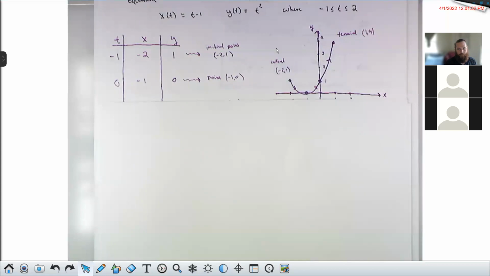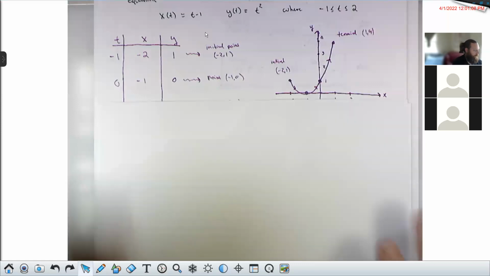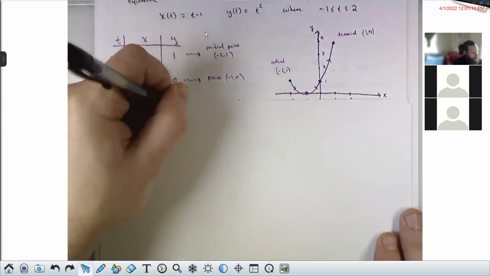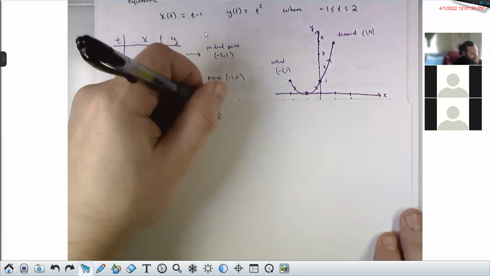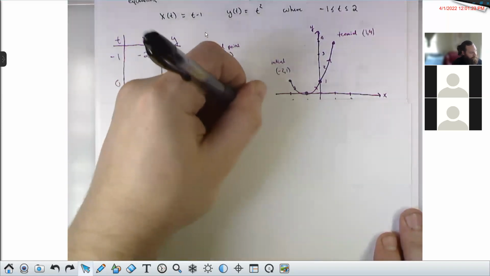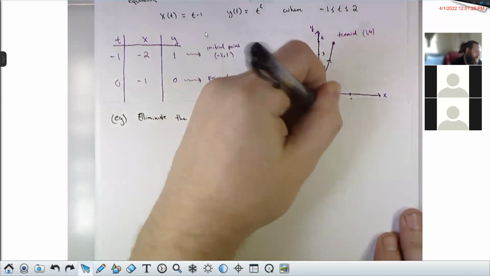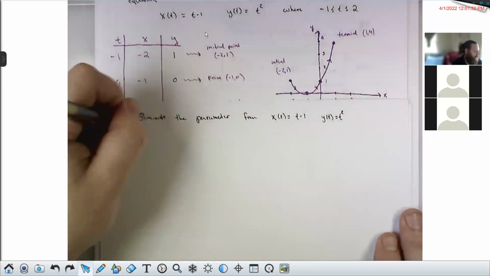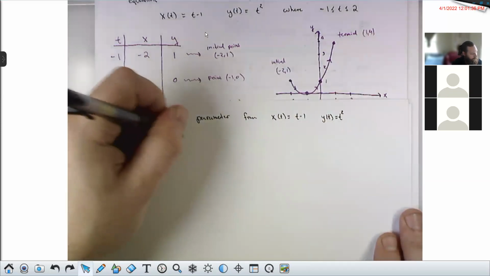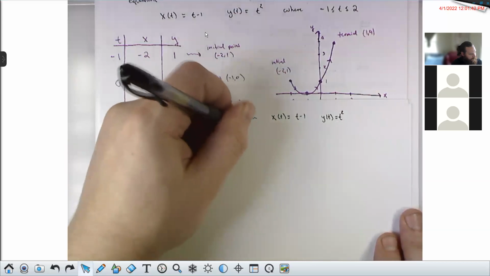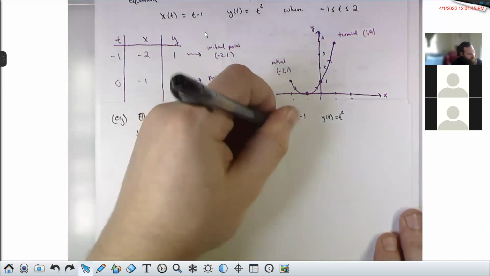The parabola continues forever and ever over here, forever and ever over here. If I want to find the normal xy equation, we can eliminate the parameter from x of t equals t minus 1 and y of t equals t squared to get a typical xy equation for the parabola.